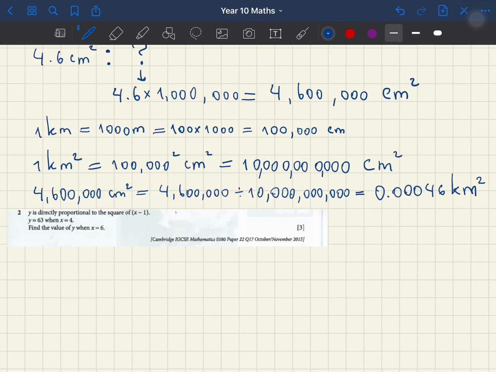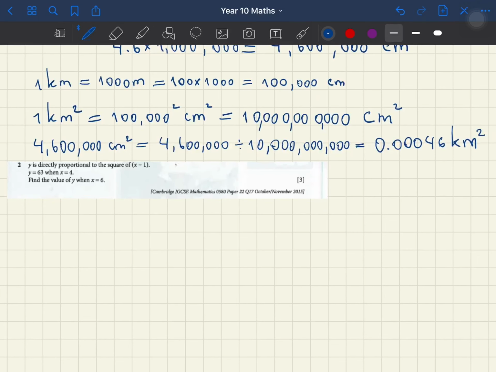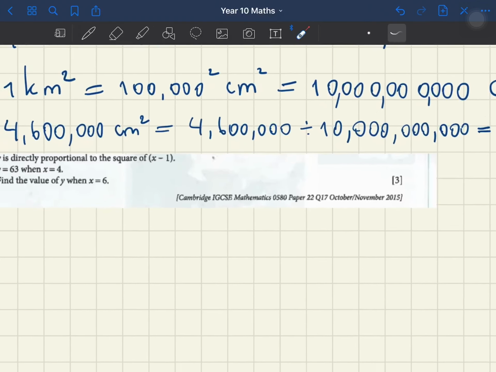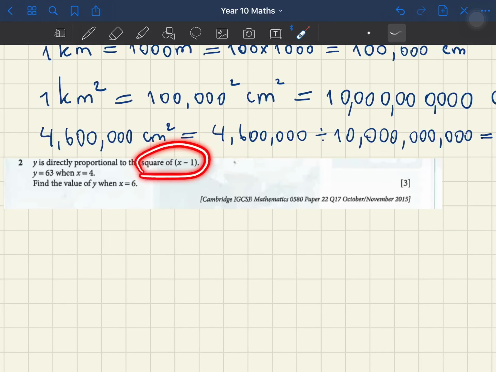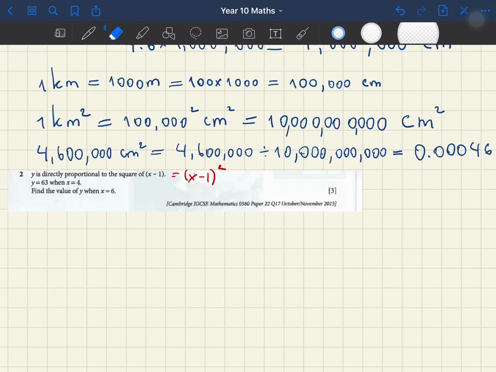Okay, next one is about proportion. Y is directly proportional to the square of x minus 1. So again, we have to read carefully. The square of x minus 1 is x minus 1 squared. So y equals 63 when x equals 4. Find the value of y when x equals 6.